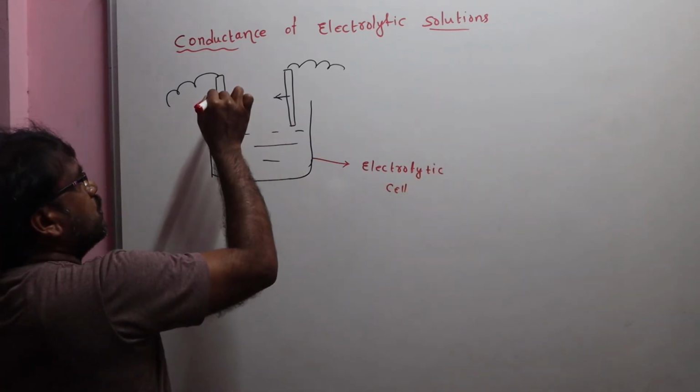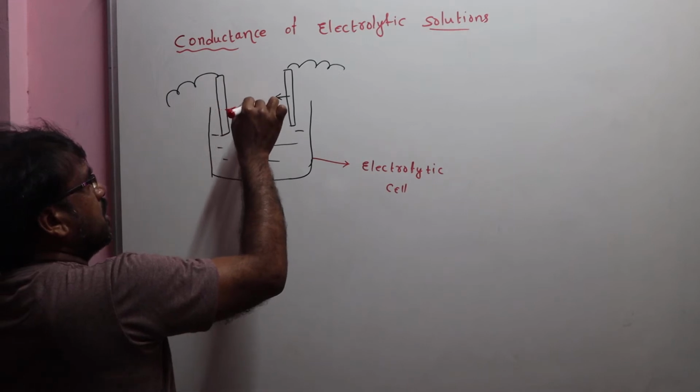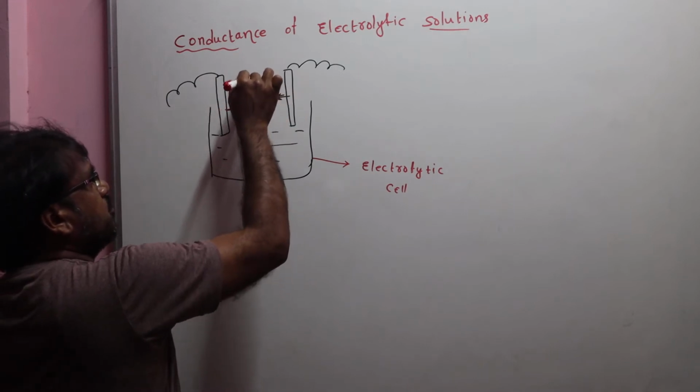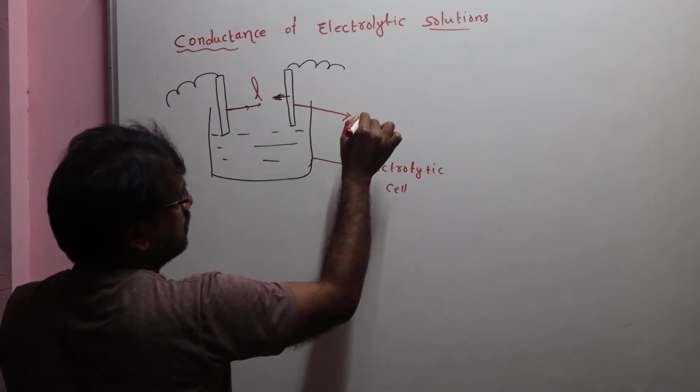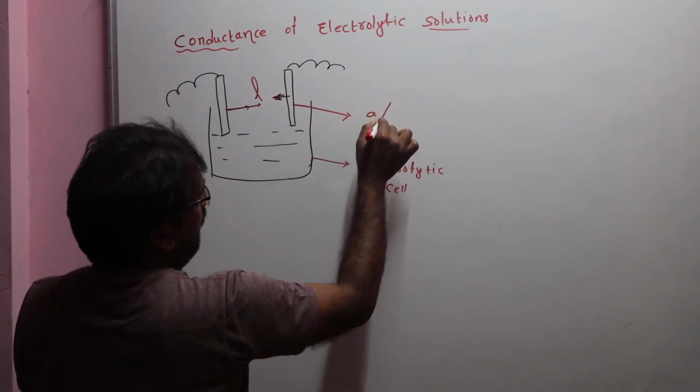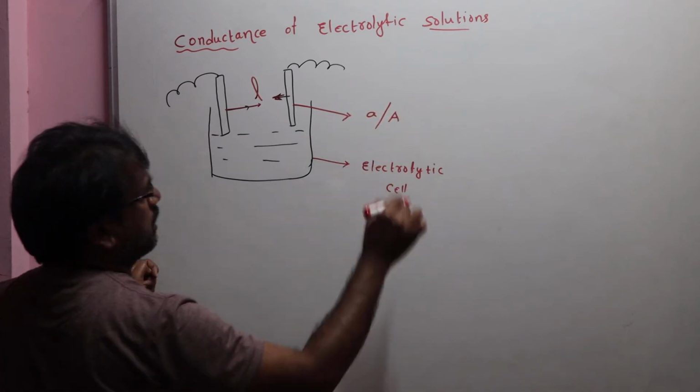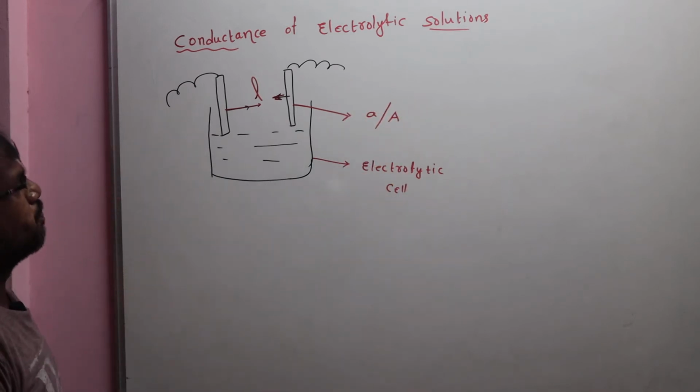In this we are using electrodes. The distance between the two electrodes is L, and the area of cross section of these electrodes is small a or capital A.